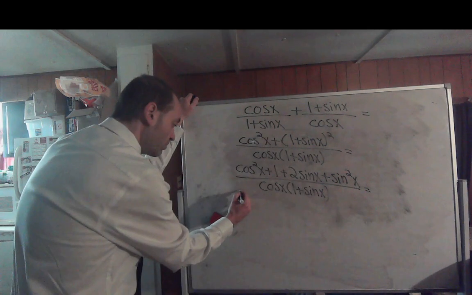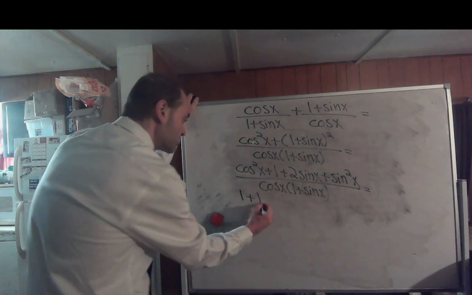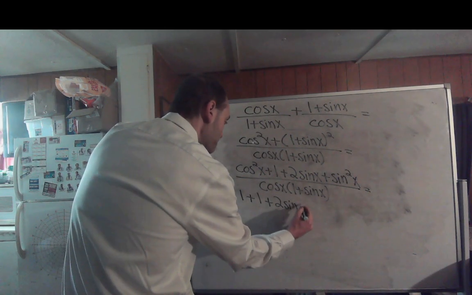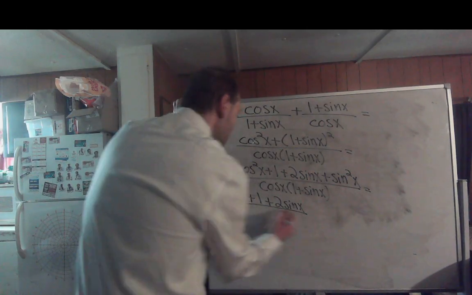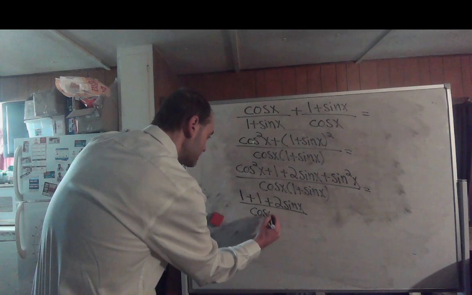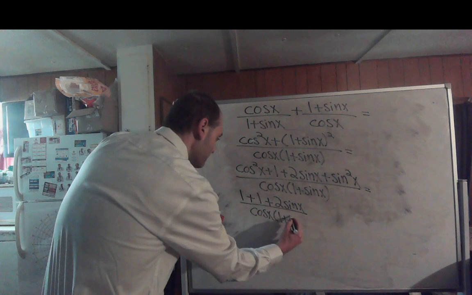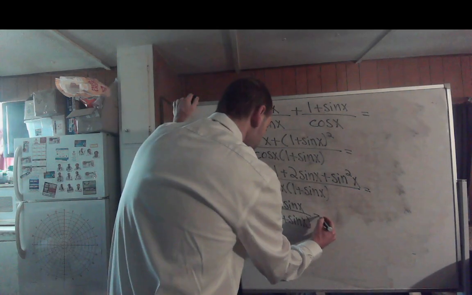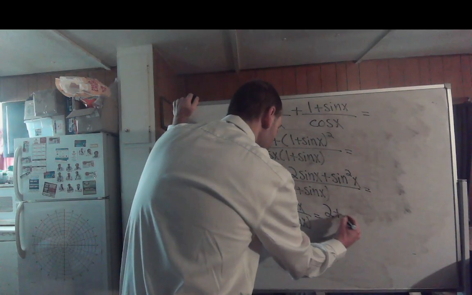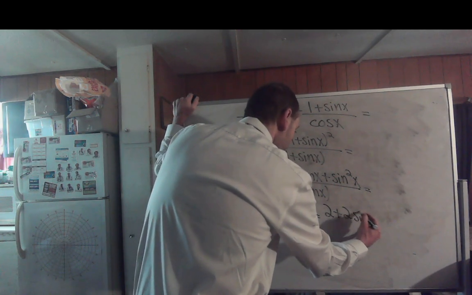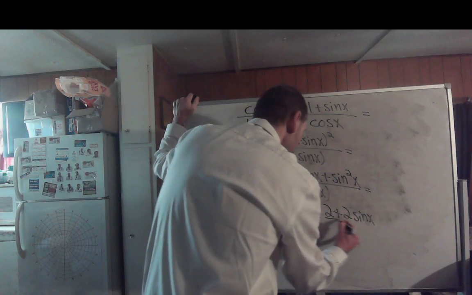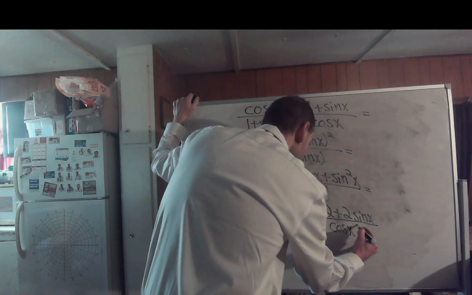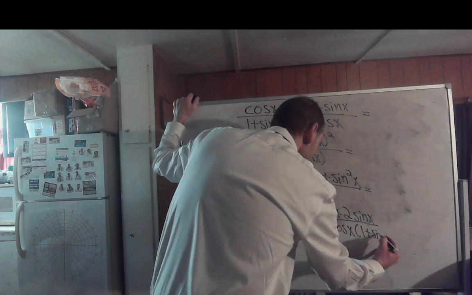That actually turns into 1, so you'll end up having 1 plus 1 plus 2 sine of x all over the cosine of x times 1 plus sine of x. Well, the numerator would simplify into 2 plus 2 sine of x all over the cosine of x times 1 plus sine of x.